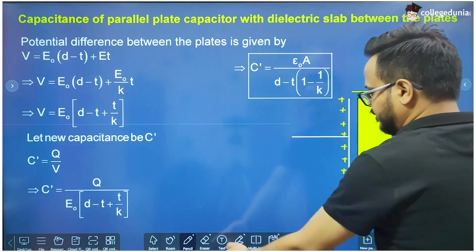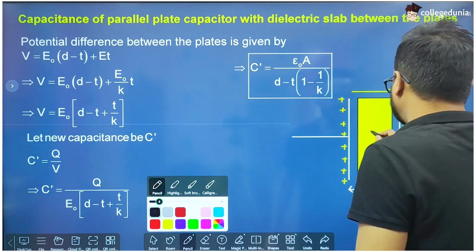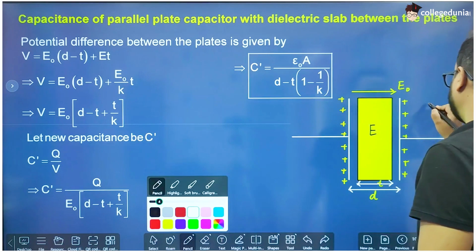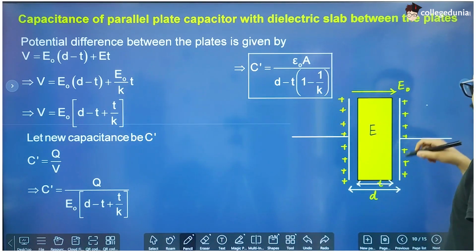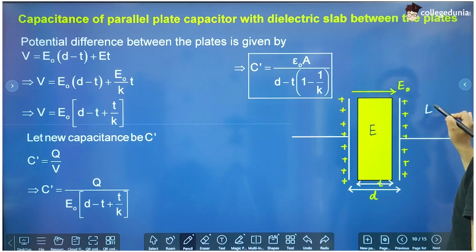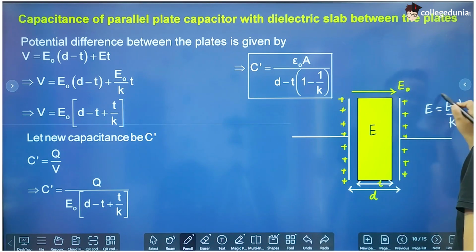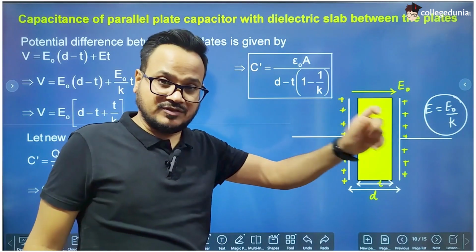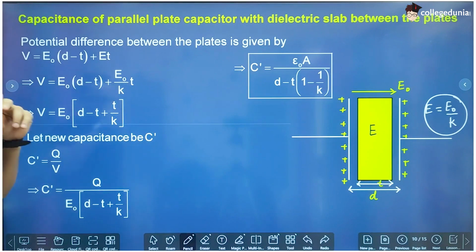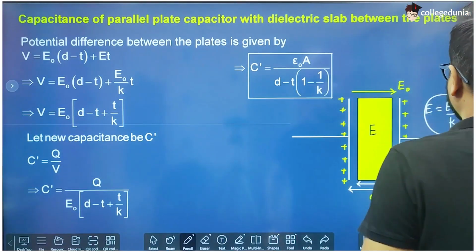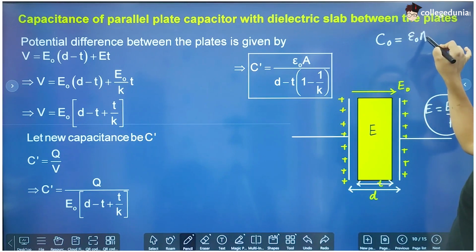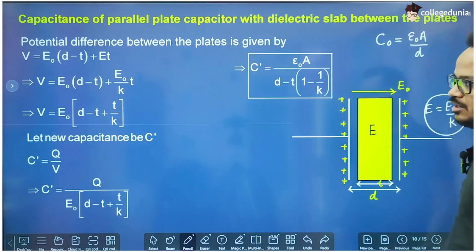And the field inside is E, which is E naught by K, and the dielectric constant of this dielectric is K. So this field inside the dielectric E is E naught divided by K. Okay, now we have to find the capacity of this capacitor. Initially, when the slab was not inserted, the capacity was C naught and it was epsilon naught A by D. This formula we have already derived.